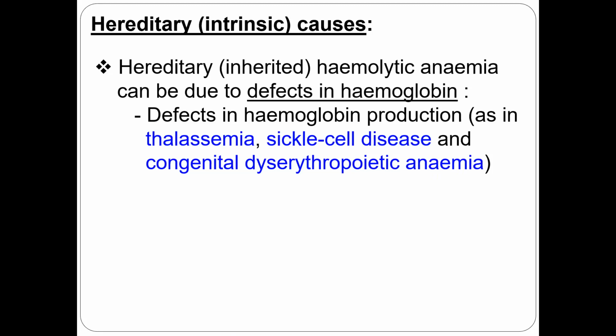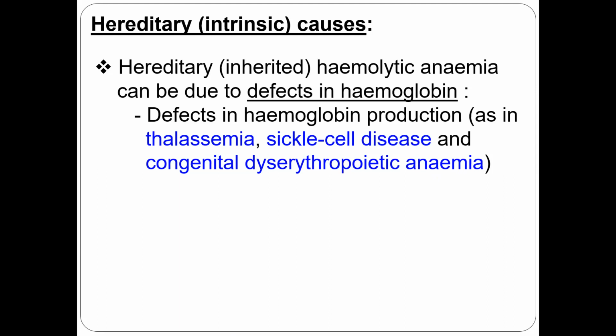Then we have congenital dyserythropoietic anemia, where the formation and production of the red cells are defective, also leading to increased destruction. So all these conditions are hemoglobin defects, and the hemoglobin defects result in loss of red blood cells, or hemoglobin defects leading to breakdown of red blood cells in increasing amounts.